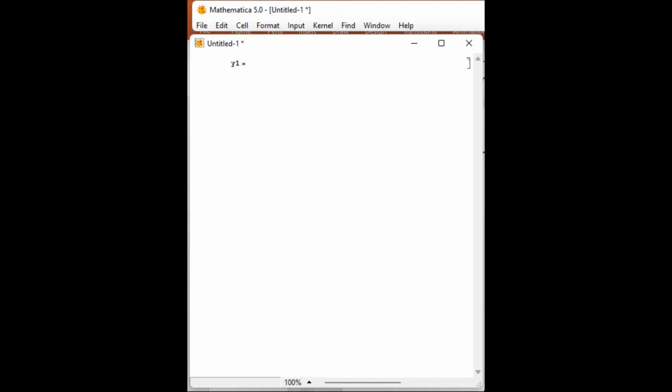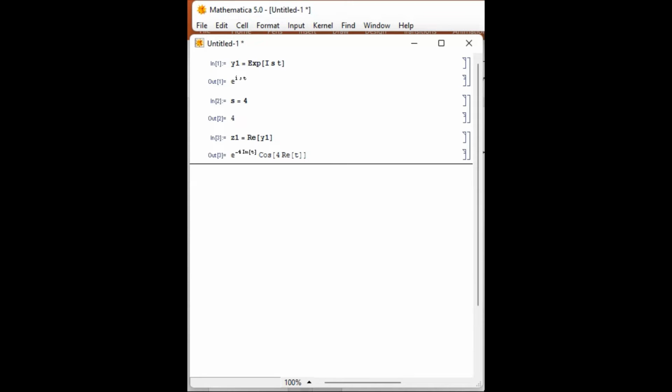y1 equals exp(ist). Say s equals 4. z1 equals real part of y1. Now plot z1, t from 0 to 10.